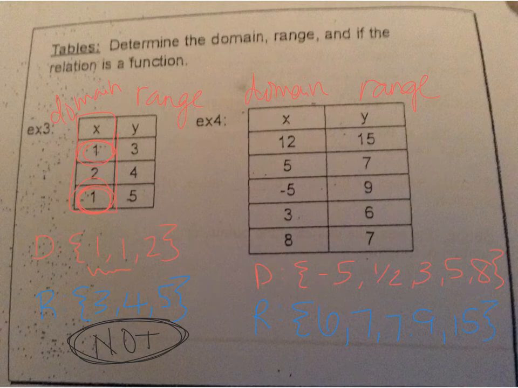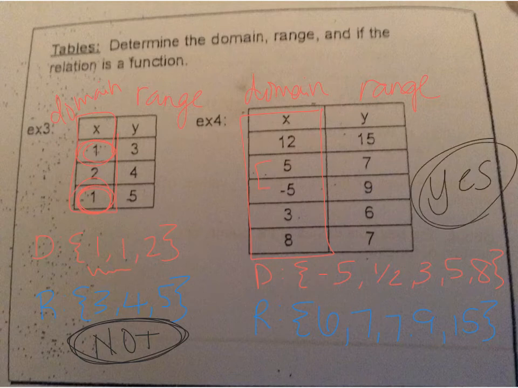Alright, to tell if it's a function or not, you only look at the domain and look if there's any repeaters. Now there is a 5 and a -5, okay, but one's positive and one's negative, so that does not count as repeaters. So there's no number written twice here or 3 times, so yes, this is a function. There are no repeaters.